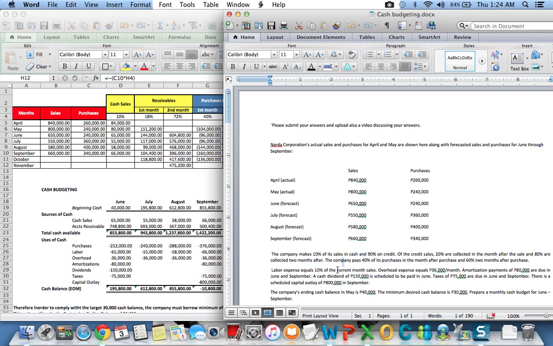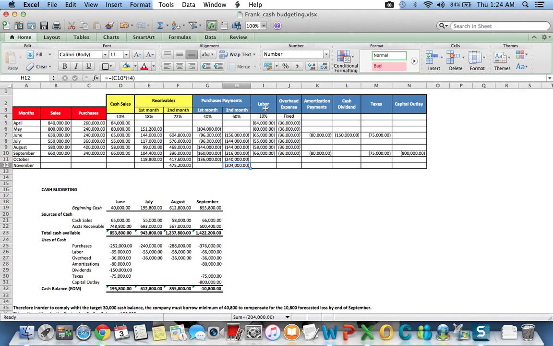Next is the labor expense equals 10% of the current month sales. So monthly labor expense is equal to monthly sales times 10%. These are the labor expense of each month.